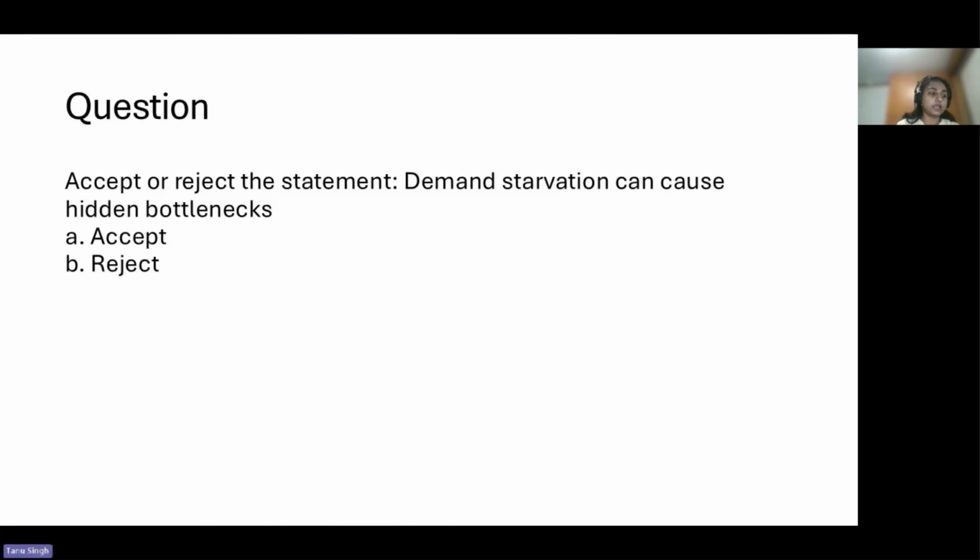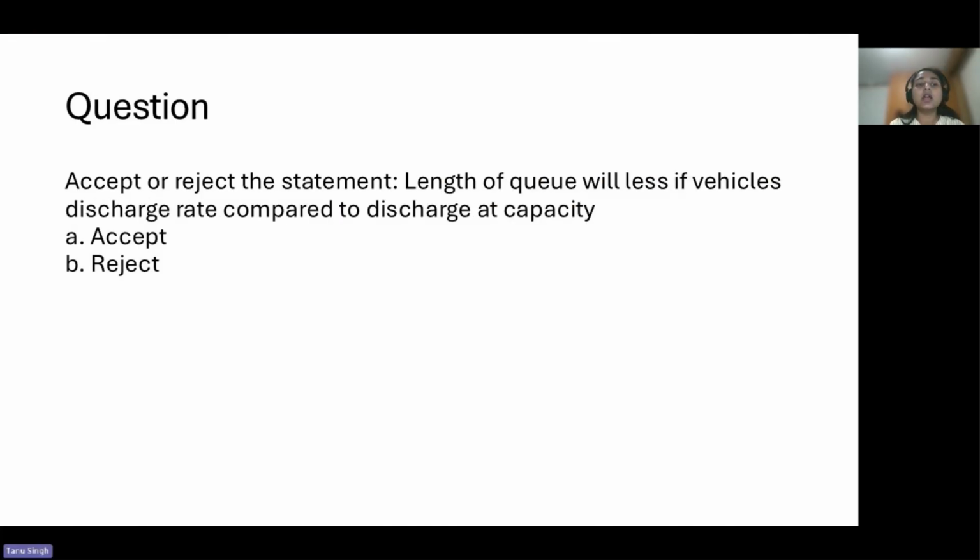Now coming to the next question, that is accept or reject the statement: the length of the queue will be less if the vehicle discharge rate is below the discharge rate at capacity. So we are comparing two things here.